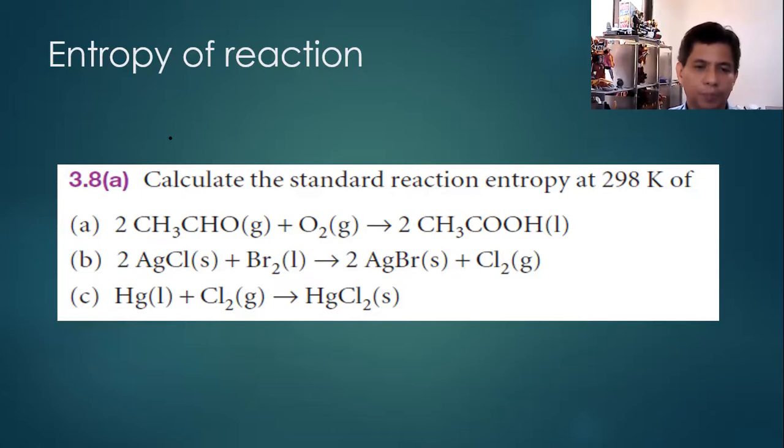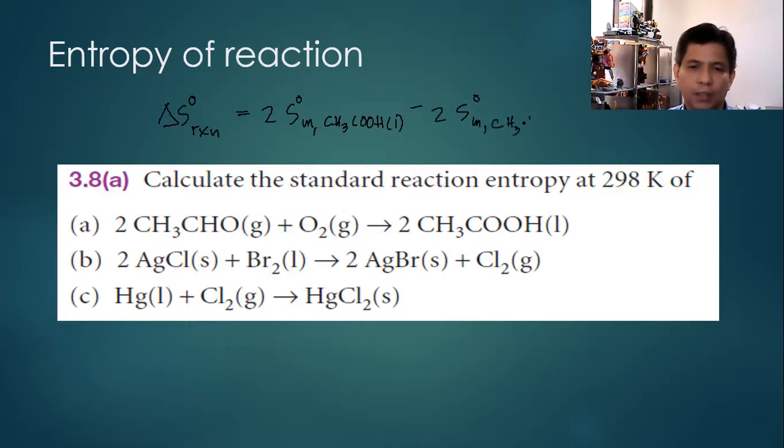Okay, so if you're going to calculate the standard delta S of this reaction A, this is basically equal to 2 times this product, so ito yung product, times the standard molar entropy of CH3COOH liquid, minus this one, itong CH3CHO, so 2 ulit, times the standard molar entropy of CH3CHO gas.